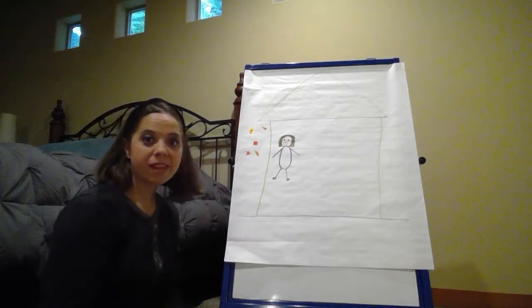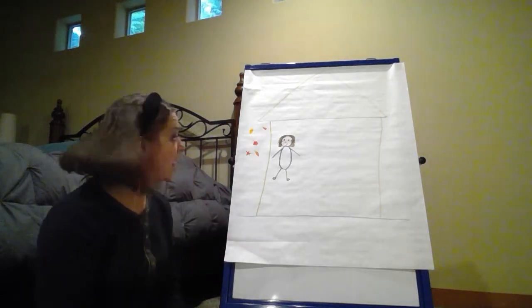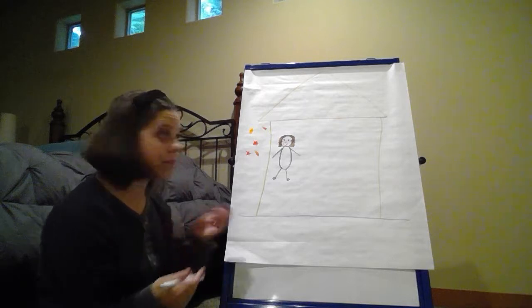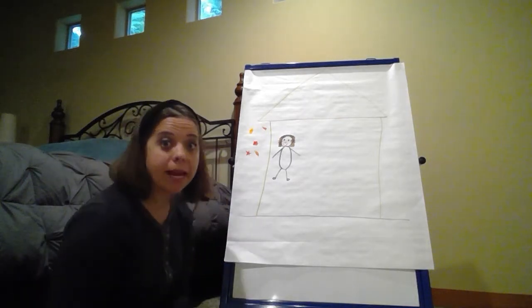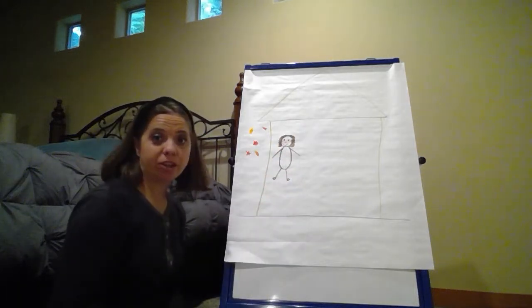There. Now you can see a character in my story. That is me. I'm all done drawing me, so I'm ready to label. I'm going to write me in my picture.